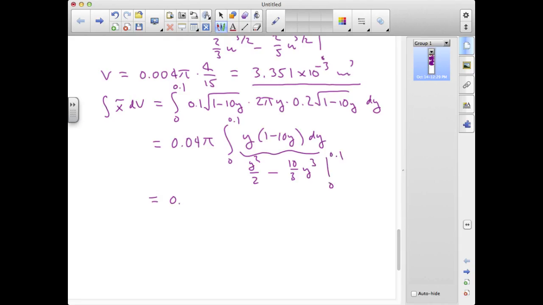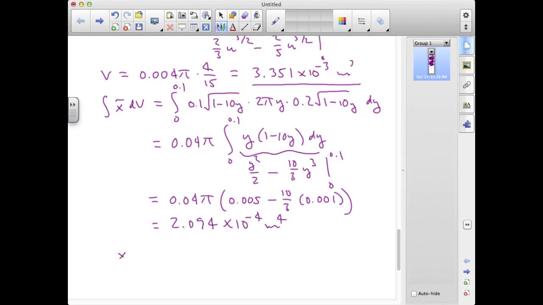That ends up being 0.04 pi times the first term, which gives us 0.005, and we have a minus 10/3 times 0.001, and that again turns out to be equal to 2.094 times 10 to the minus 4th meters to the 4th.